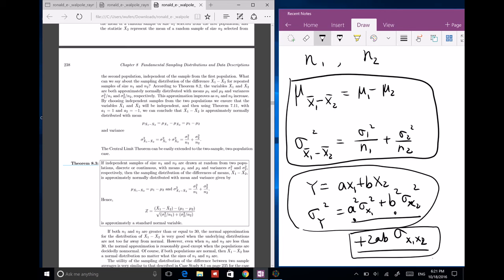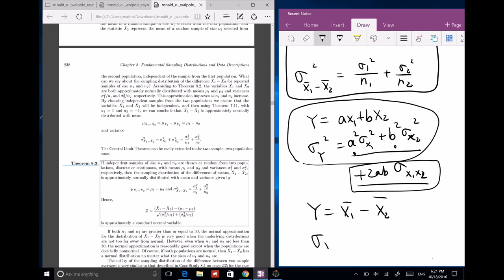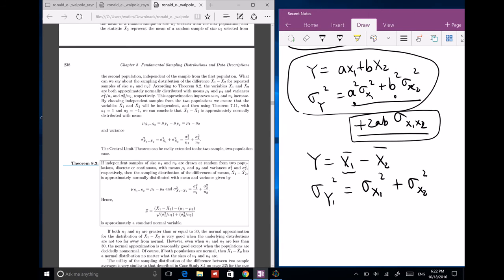So you just add n1 sigma 1 square plus n2 sigma 2 square, because you look at the coefficient. Now if you define y equals x1 bar minus x2 bar, look at the coefficient: the coefficient of x1 bar is 1, so the square is 1, giving sigma x1 bar square plus sigma x2 bar square. Since x1 and x2 are independent, you don't have covariance.